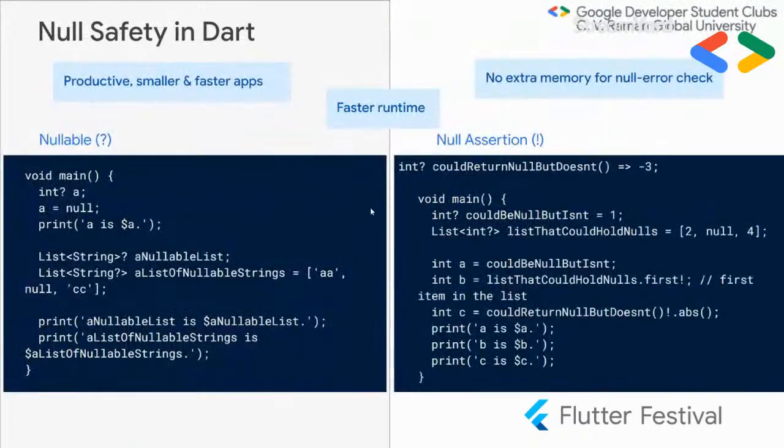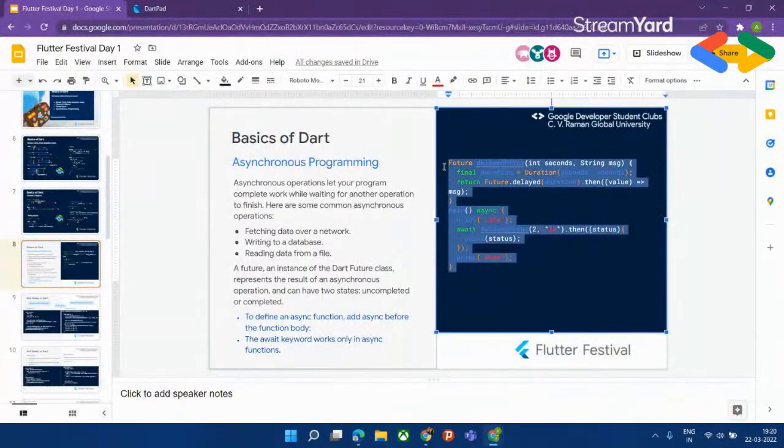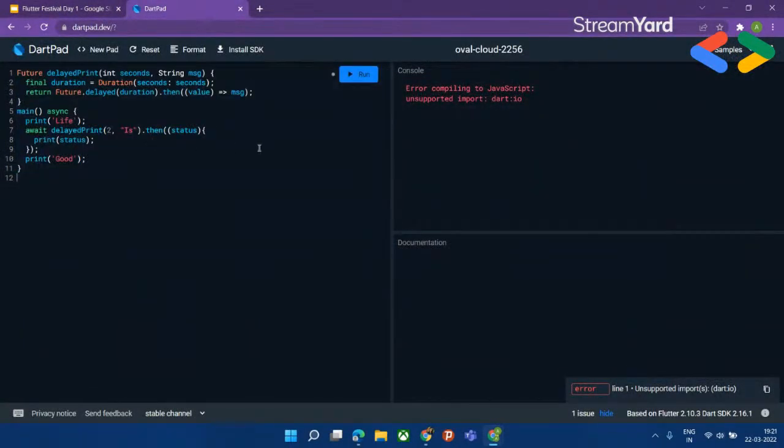If we move back, this is the Future class program, and it is using a delayed print function that takes seconds and a message as parameters.